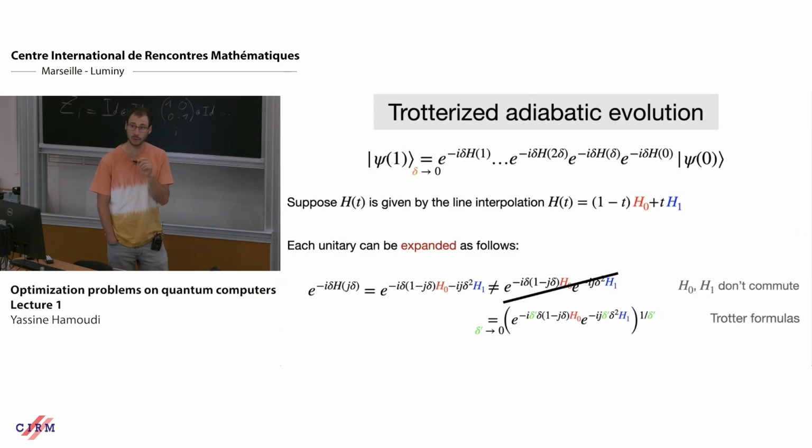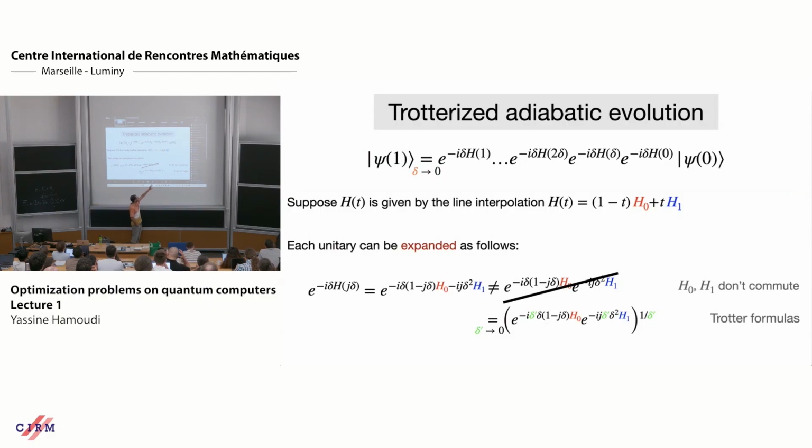It tells you that the exponential of a sum is going to be equal to the product of each individual exponential that you have to alternate many times. So there is a parameter delta prime, which tells us how long we should evolve according to H_1 before moving to H_0. And we have to repeat this 1 over delta times. And if delta prime goes to 0, then this is equal to the initial matrix exponential.